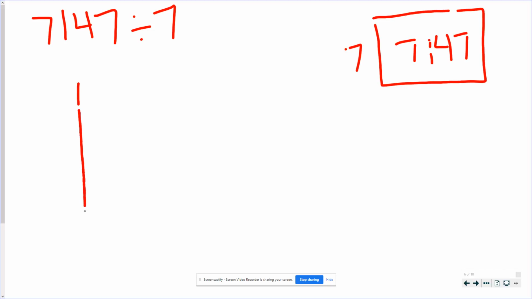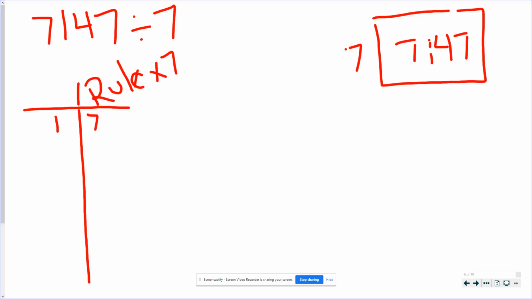On my ratio table, I have a rule of times 7. I'm going to start out a little bit easy and say 1 times 7 is 7. That's just to get my brain thinking. I'm going to think about maybe a 10 times 7 is 70.